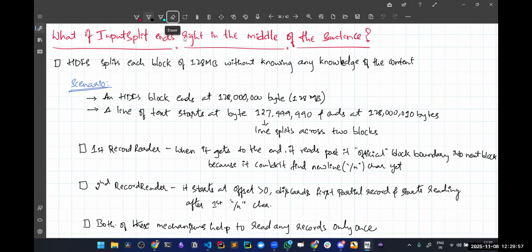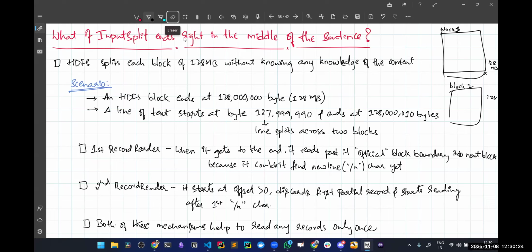So what if our input is split in the middle of a sentence? Let's say I have two HDFS blocks here, block one and block two. I'm continuing a sentence and it is abruptly ended because we have 128 MB chunks of HDFS files.